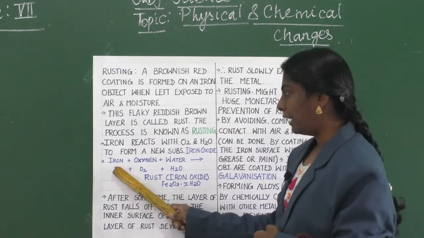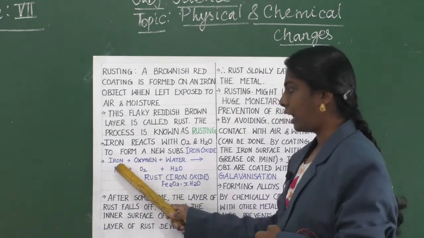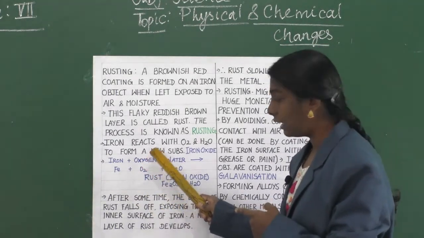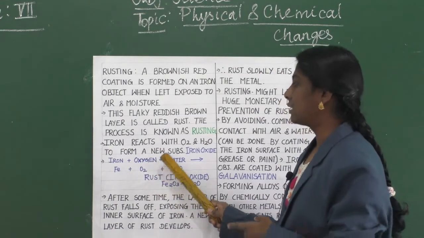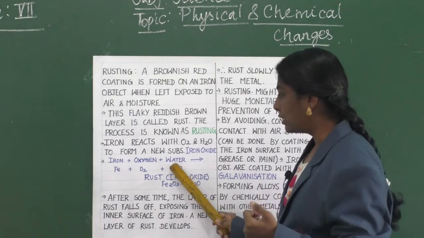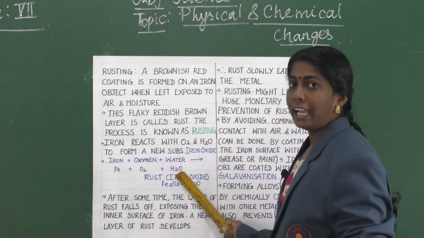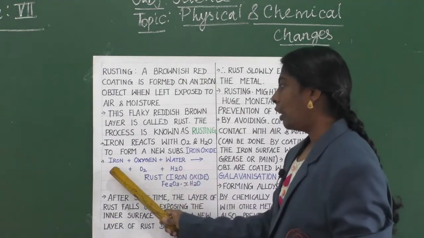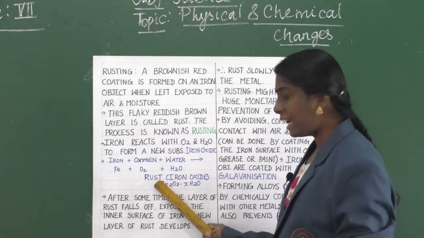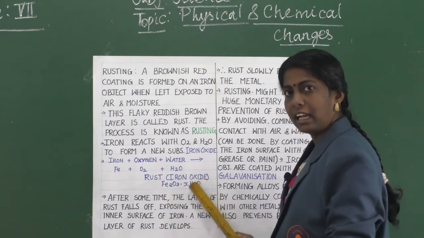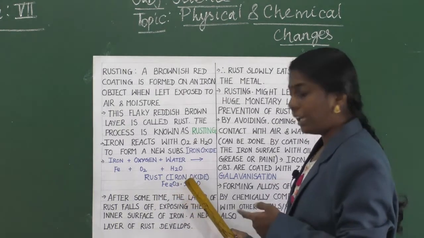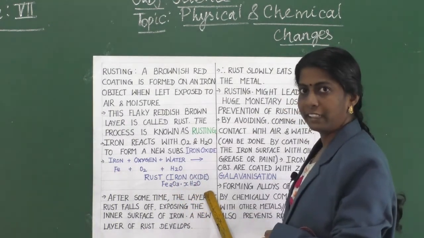So, here iron plus oxygen, iron is Fe, oxygen is taken from air, that is O2, plus water, either tap water or distilled water we can use. Water has the molecular formula H2O. So, iron plus oxygen plus water gives rust. What is that? Iron oxide. Fe2O3 dot xH2O. Clear?